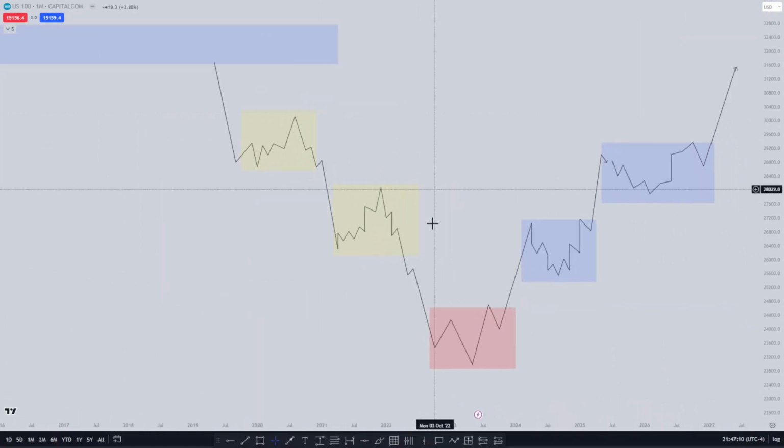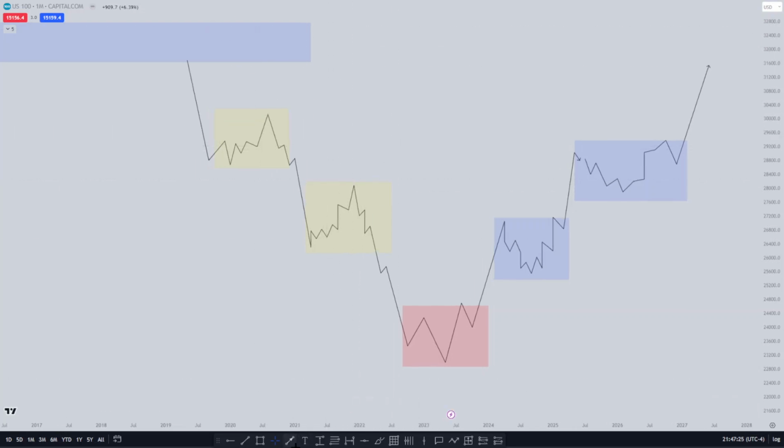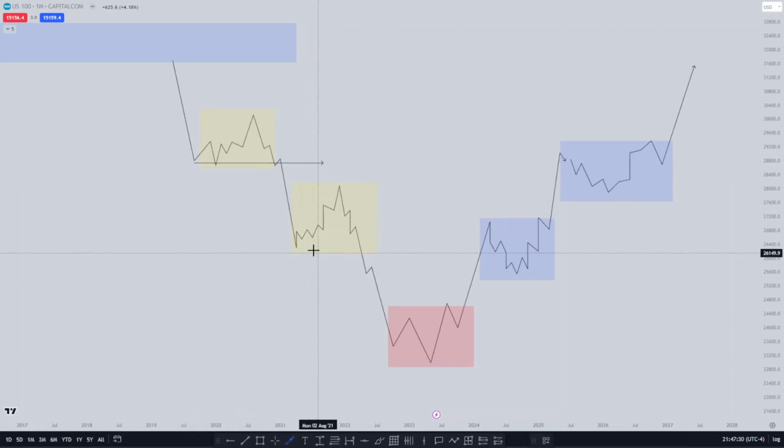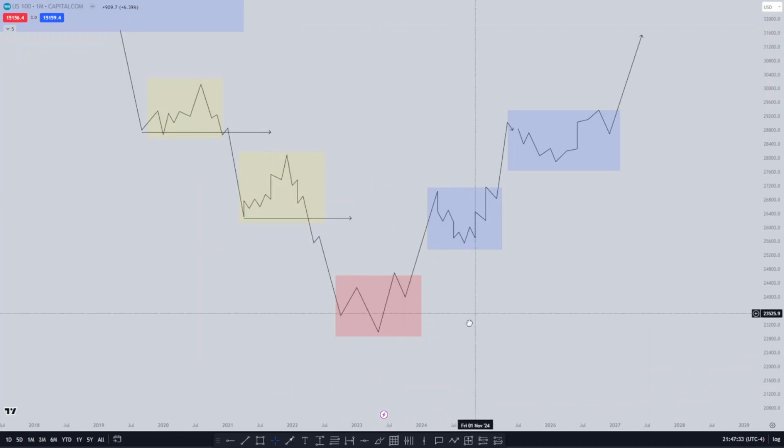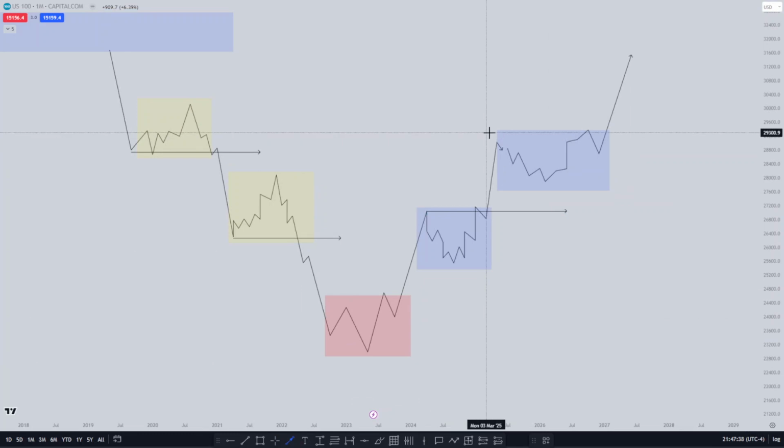So anyway, as I was saying, in every market maker buy and sell model, the redistribution or reaccumulation is always a lower time frame market maker buy model.